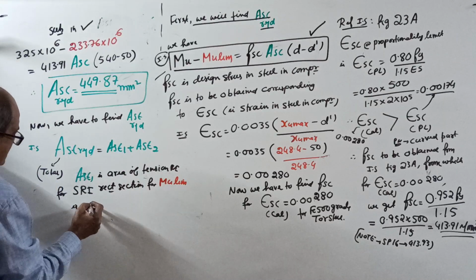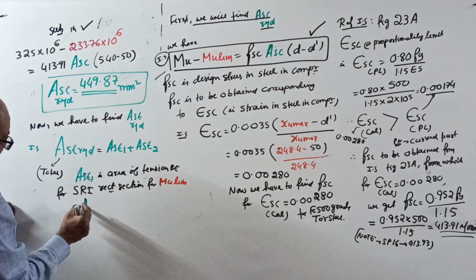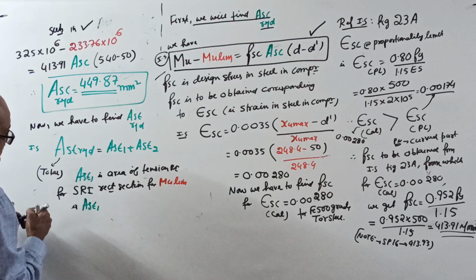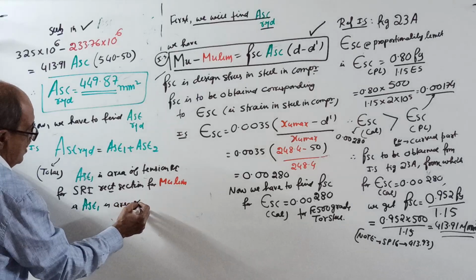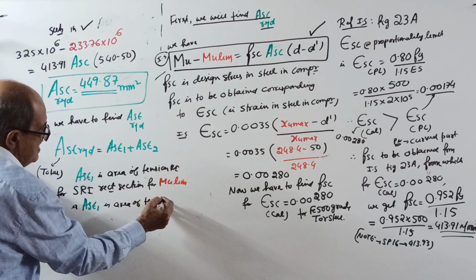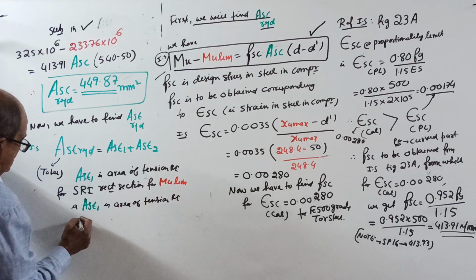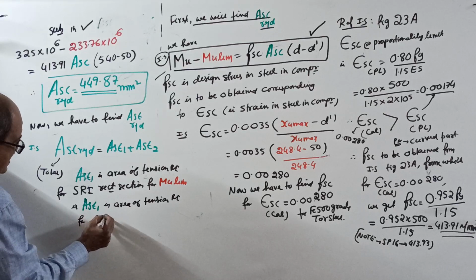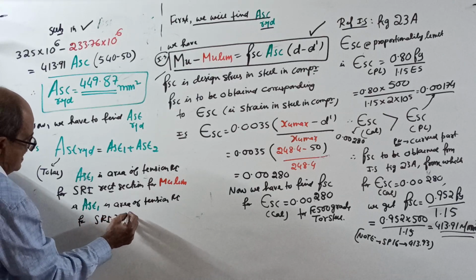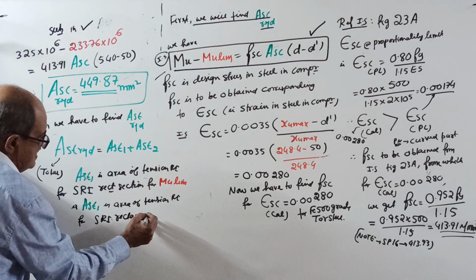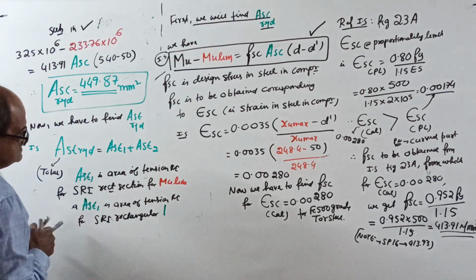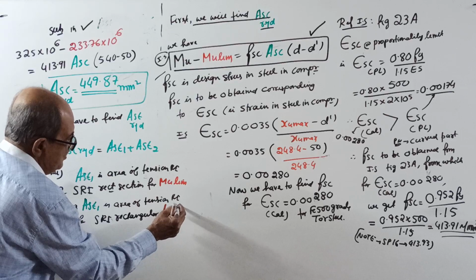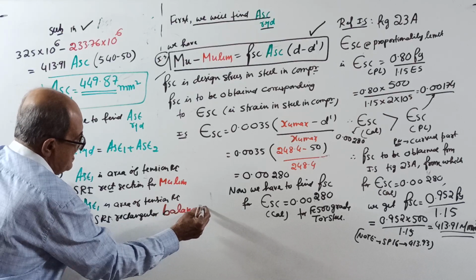That means, or you can write once again, AST1 is the area of tension reinforcement for a singly reinforced rectangular balanced section, because Mu limit means balanced section.